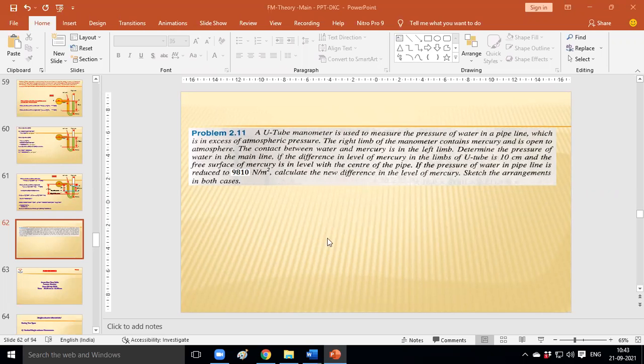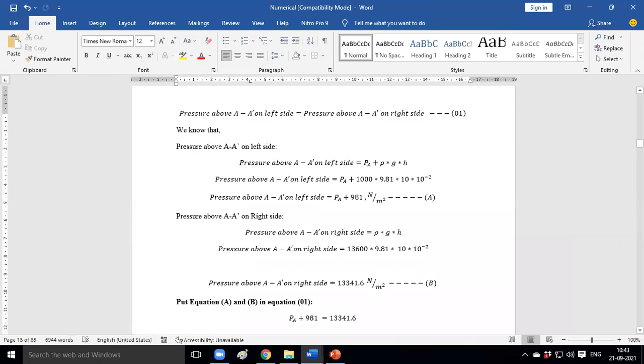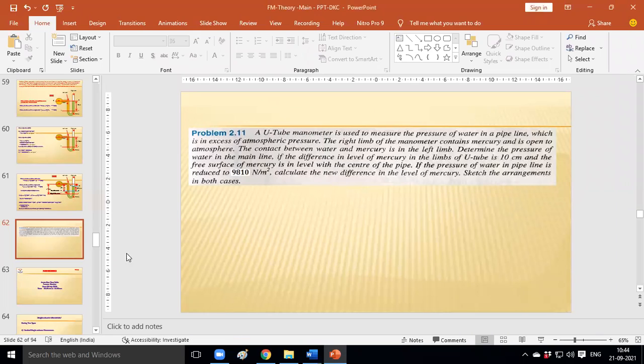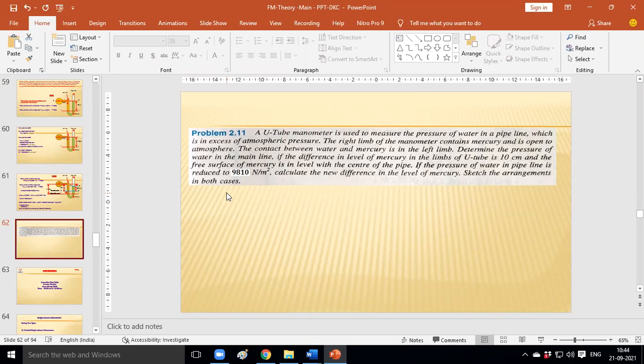So case 1 we already discussed. Whatever we solved in this numerical, that is case 1. For the pressure in the pipeline, we already calculated it. In the second case, what is mentioned? The pressure is reduced to how much? 9810 Newton per meter square. And what will be the new level difference of mercury?